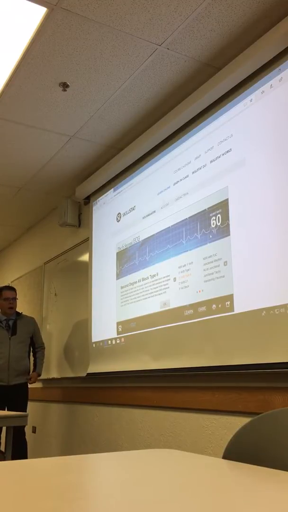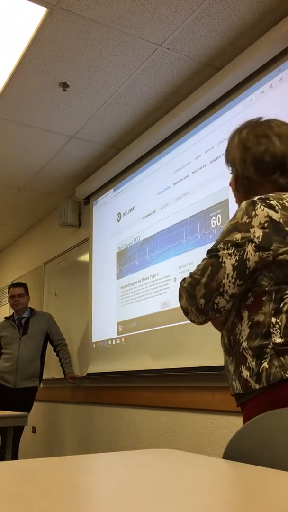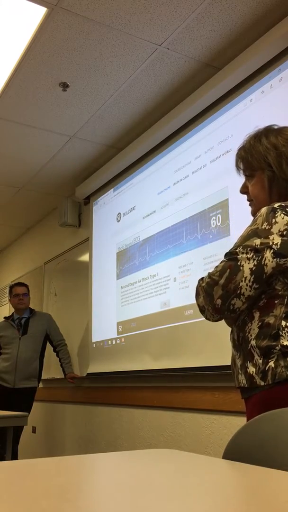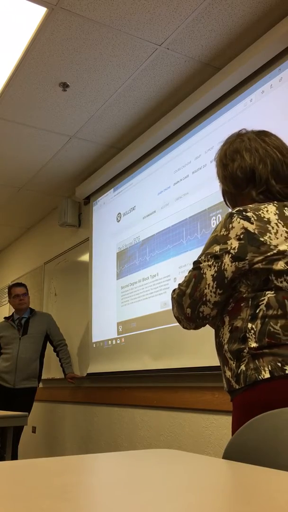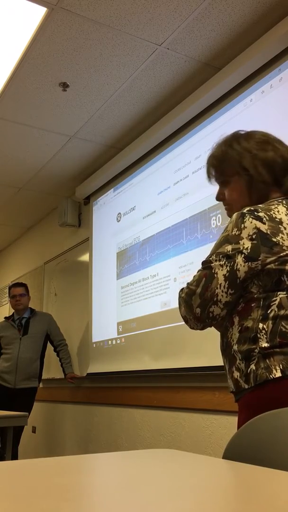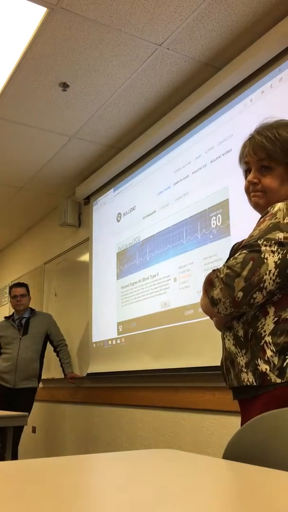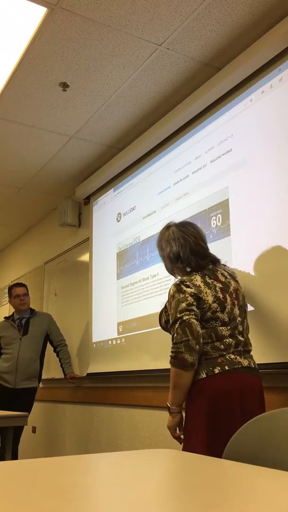If it's every third that's dropped, it's a 3-to-1. If it's every fourth, it's a 4-to-1. So it's a second degree block: you have a P wave, and then something blocks before you get to the AV, and we never have the QRS to follow. So the PR intervals with the QRSs are normal, it's just that all of a sudden you have a P wave with nothing else. So the only abnormal PRs are these two.